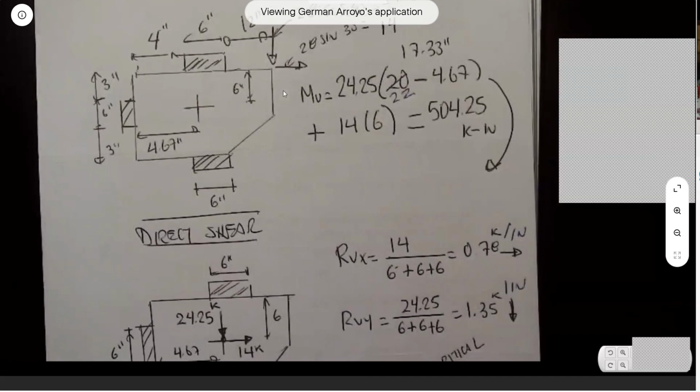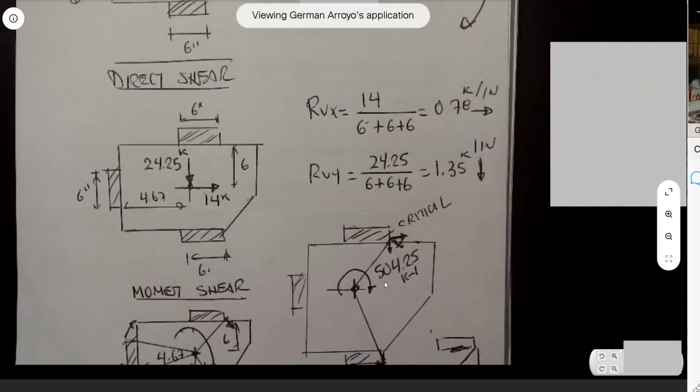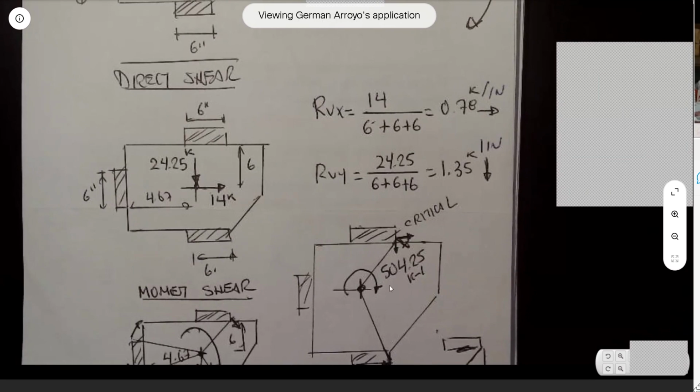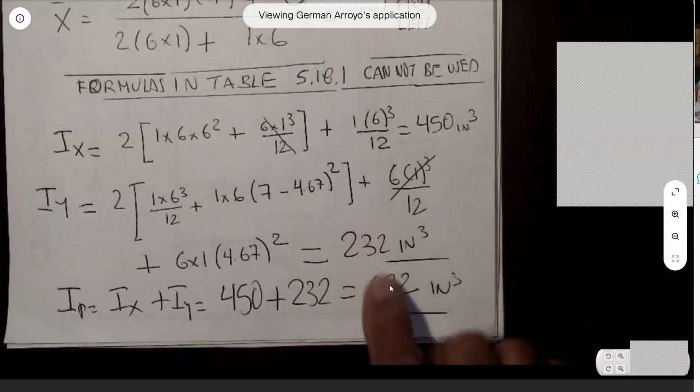You can see that the Y dimension in here is 6 inches. And the I_p, I_x plus I_y, we computed before as 682.